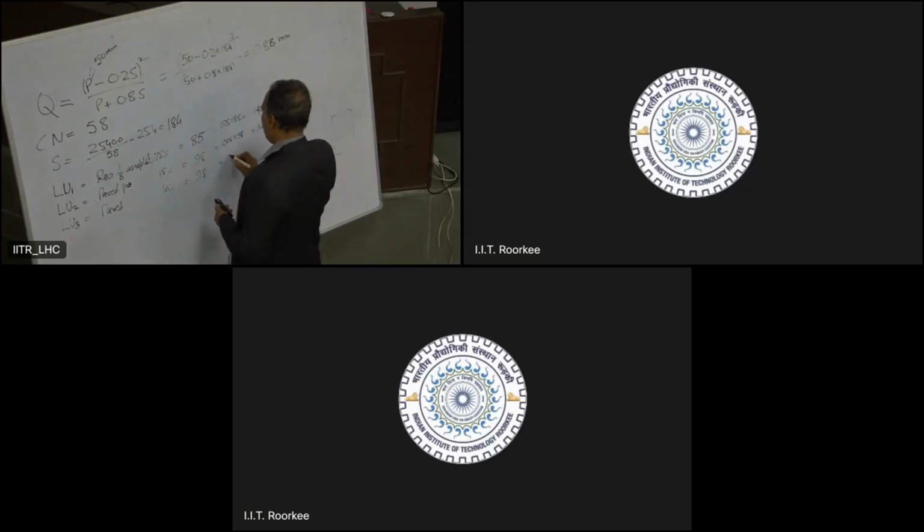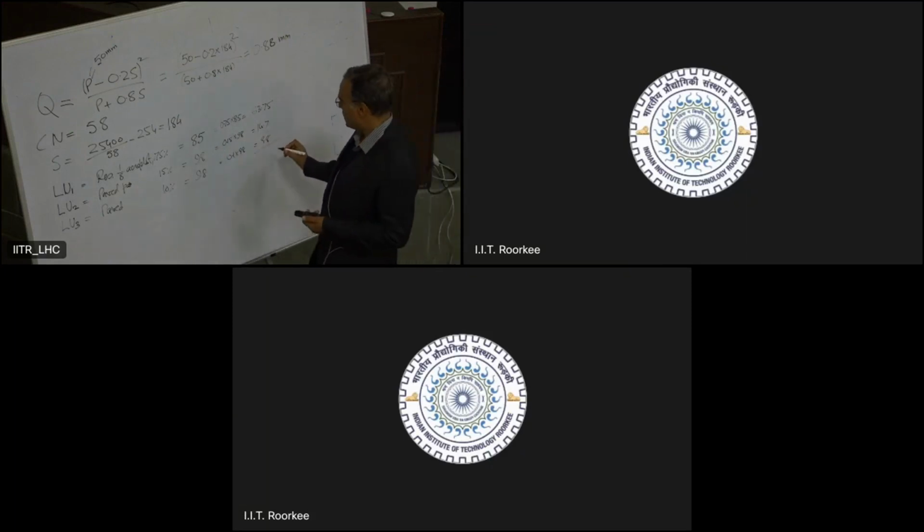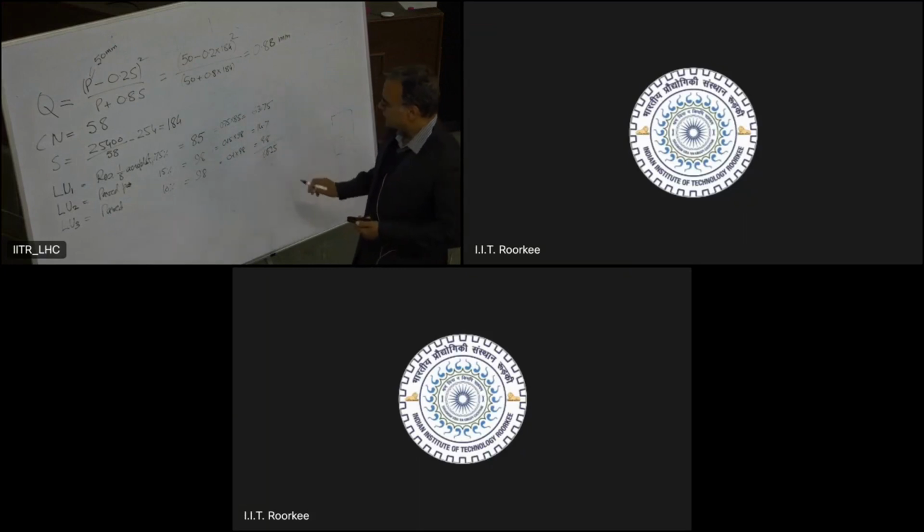Good. And 0.1 into 98 is 9.8. Then the sum here is 88.25. Okay, so this is our revised curve number.